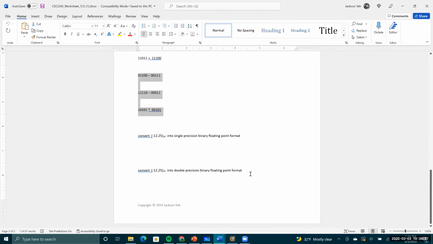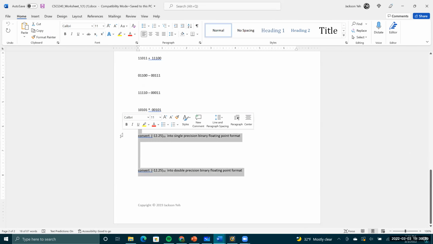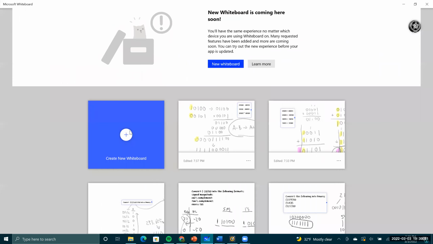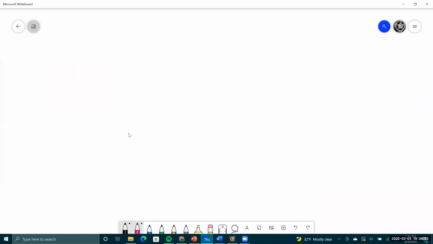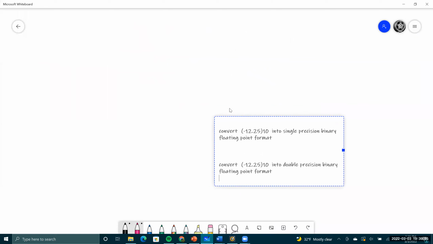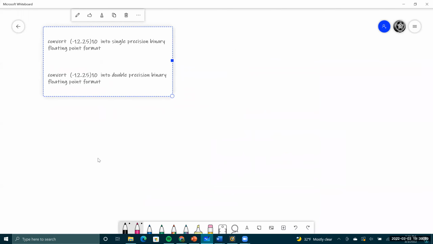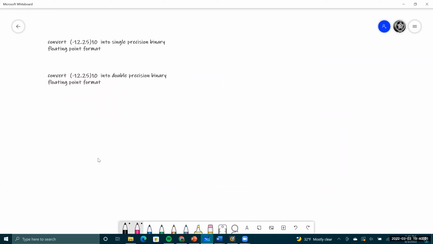All right. The last two problems on here are going to be floating point questions. So negative 12.25.